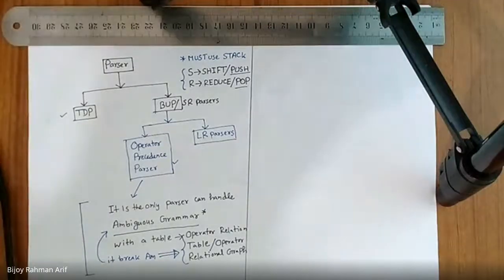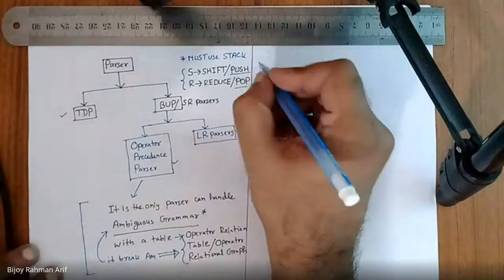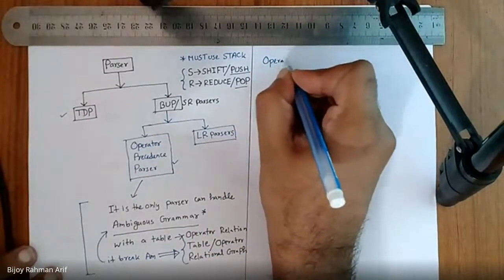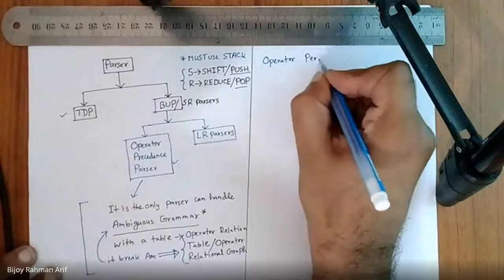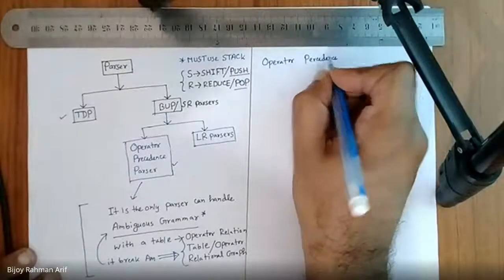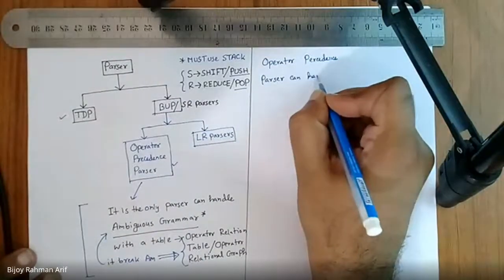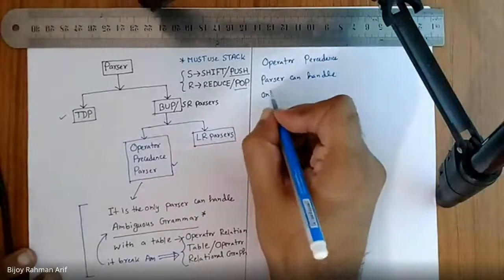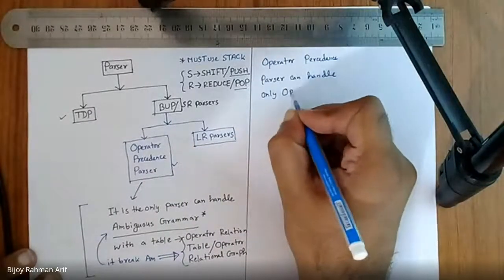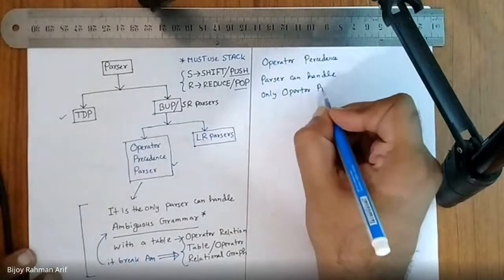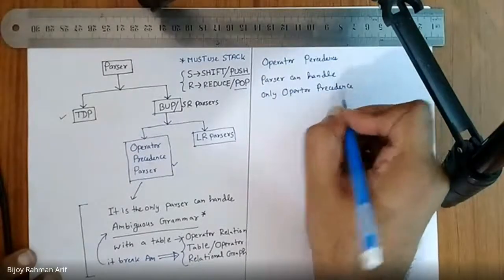But before talking about the operator precedence parser, there is a special kind of grammar which is called operator precedence grammar. The thing is, the operator precedence parser can handle only operator precedence grammar.